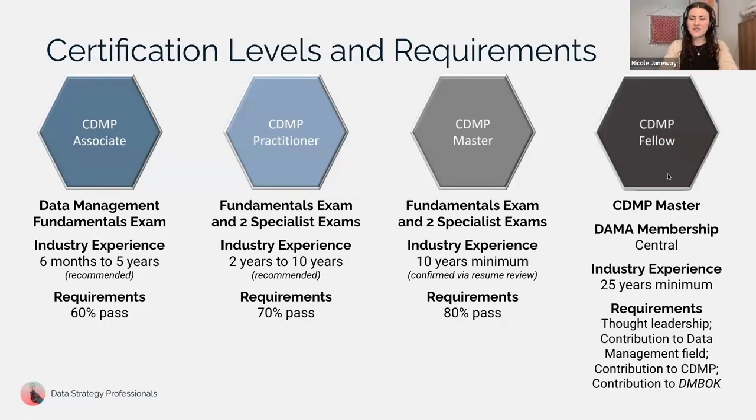There is just one more level. So let's chat about this one a little bit and then we'll go to the next. Yeah, so this is the CDMP Fellow certification level, which is the highest possible certification that you could get from Dharma.